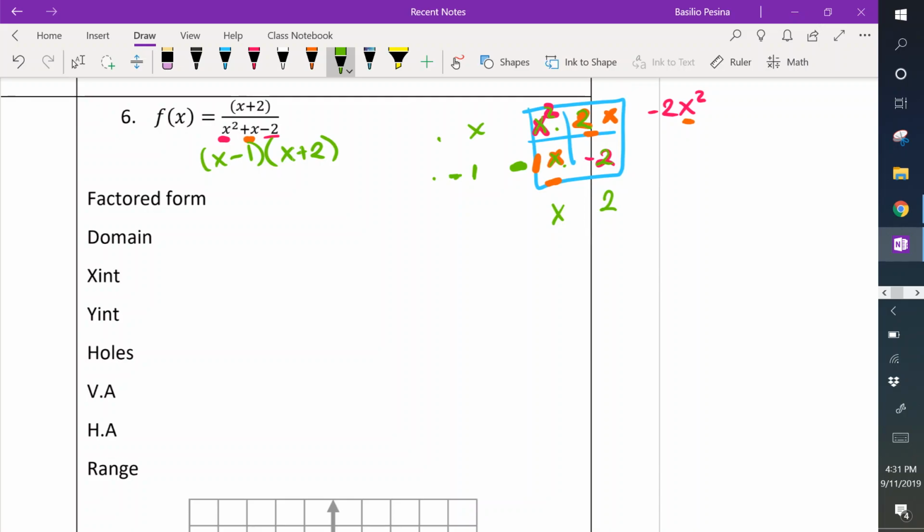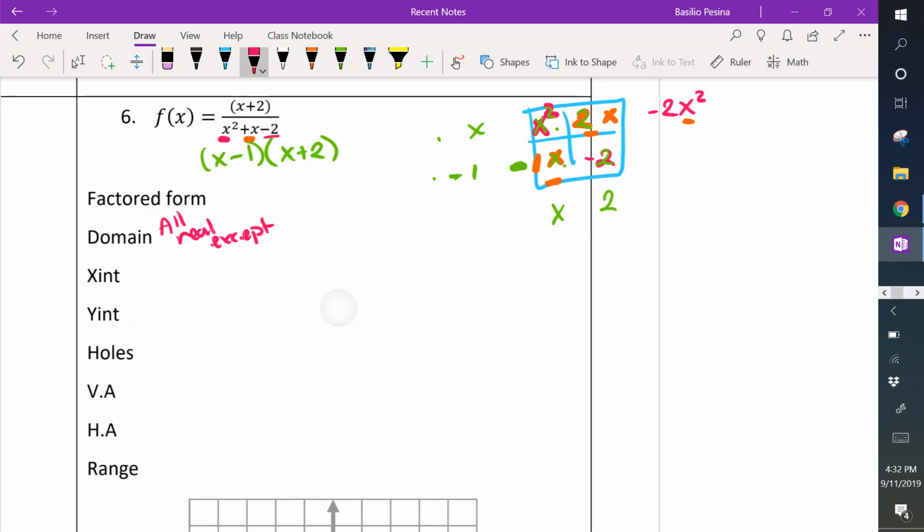You can use other methods, even the quadratic formula, to find these factors. That was just the method that I preferred for now. Let me make myself a little bit more space and find out the discontinuities. So for the domain, I'm going to be all real numbers except when something occurs. Well, that something is either going to be a hole or a vertical asymptote.